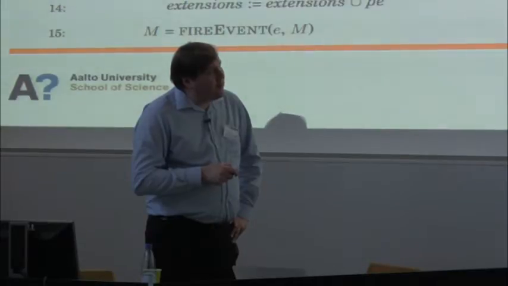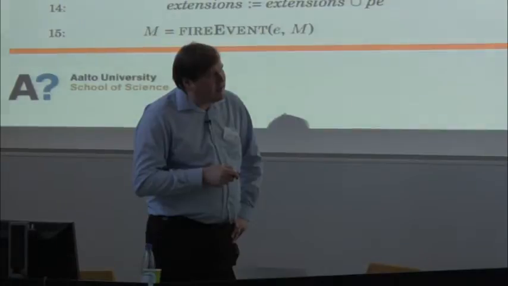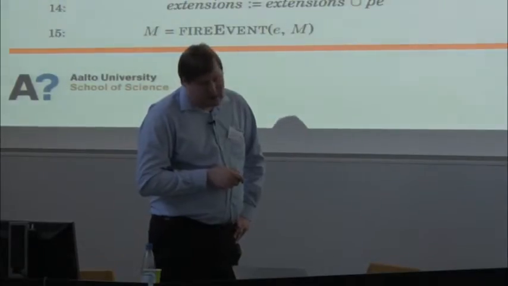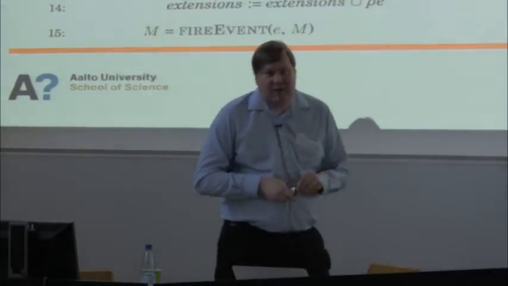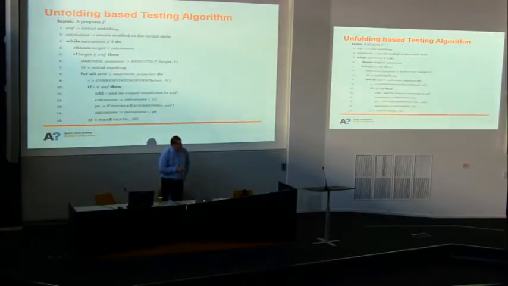And then what we add next is we call this subroutine possible extensions. It gives us what other things could be added to the unfolding, given the information we know so far. And now, the truth is this is very expensive. We've micro-optimized it quite a bit, but it's still more expensive than your traditional testing algorithm.